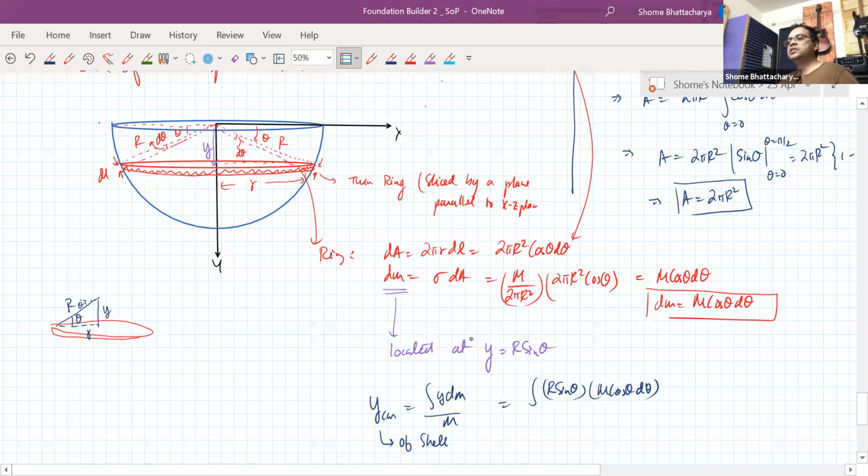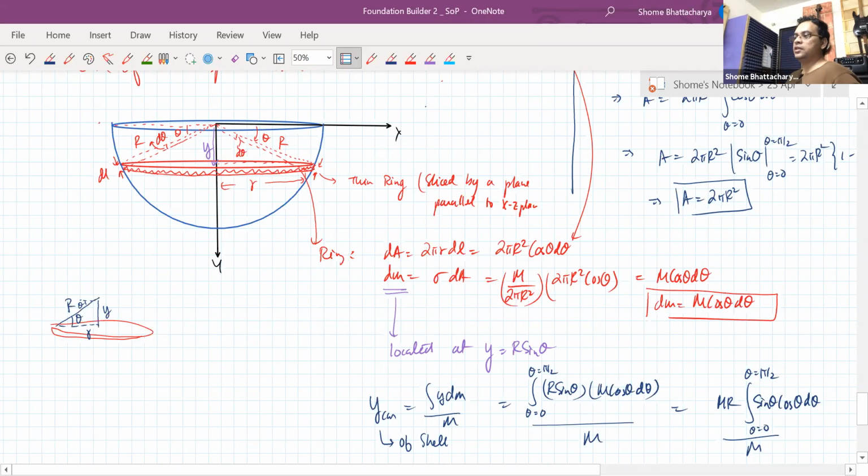And we are taking all the rings again in my diagram from the top one, which is at theta equal to 0, the largest ring of radius capital R, to the lowest one, which is at theta equal to pi by 2, and its radius is almost tending to 0. So now you can see, take the constants M into R outside. This becomes a very simple integration, sin theta cos theta d theta from theta equal to 0 to theta equal to pi by 2. Of course, I have to divide this by M, so M will cancel out. Dimensionally, this will have the dimension of length only, which is the radius. So I'll get some factor into radius.